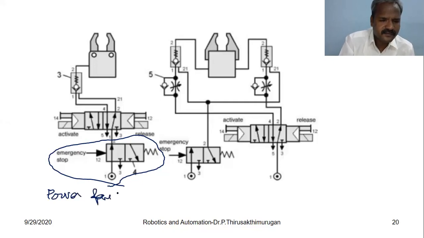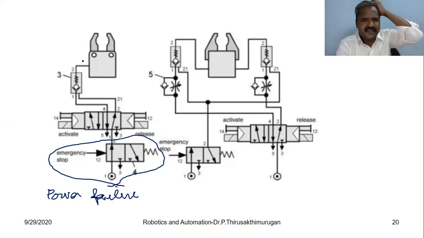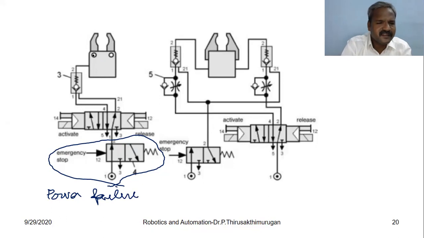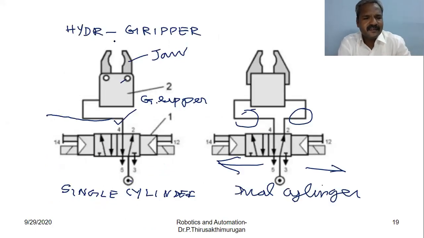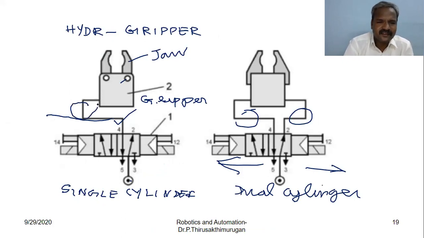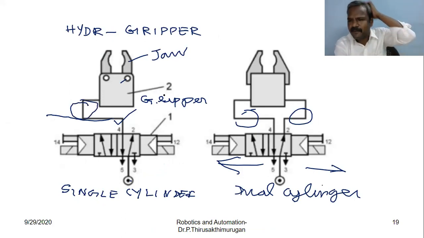Safety method. Suppose this is the emergency stop. This is for during power failures. This is a restrictor. 3 is the restrictor, in series with this. So when compared with the previous single cylinder, here we add the restrictor for prevention of the power failure.